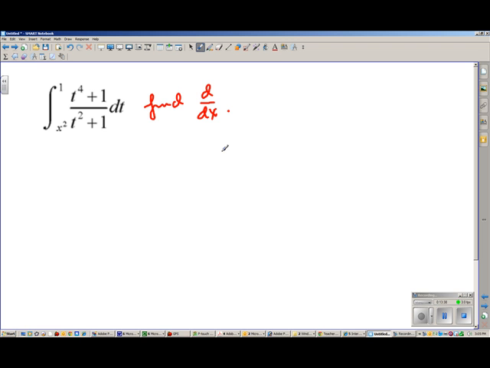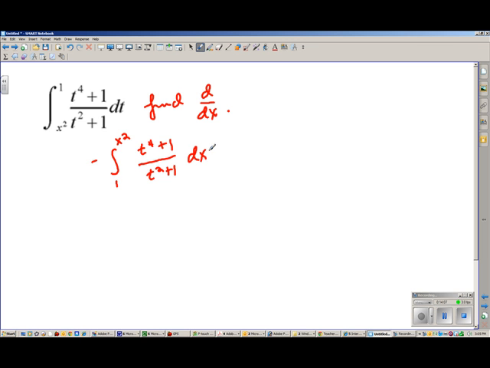So if we were to do that, we first have to recognize that the order is a little screwed up. That is, we've got the variable to the constant. So the first thing we're going to want to do is restate this and say, this is the opposite of 1 to x squared, and then what would we have? Just the same old integrand, t to the 4th over 1, t squared plus 1 dt.